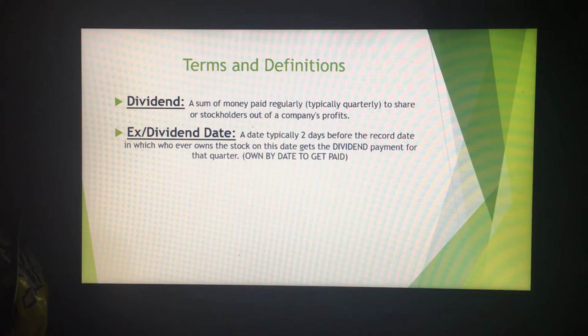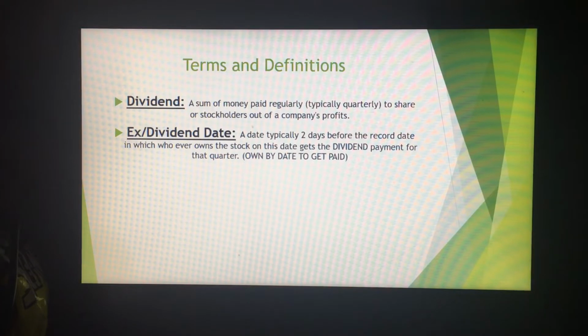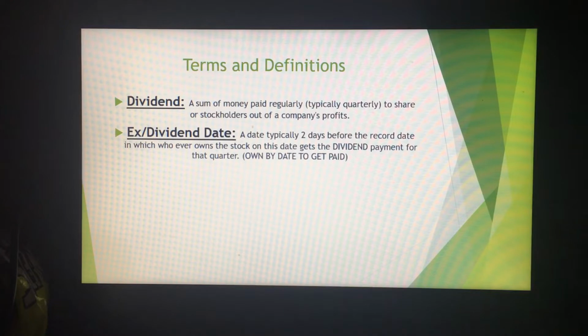Now, the next thing we want to go along with that is what they call the ex-dividend date. This is a date, typically 2 days before the record date, on which whoever owns the stock gets the dividend payment for that quarter. I like to call this the own-by date to get paid. So when you start researching a stock, you will find out what the dividend of a stock is, if that particular company divides its profits amongst its owners.